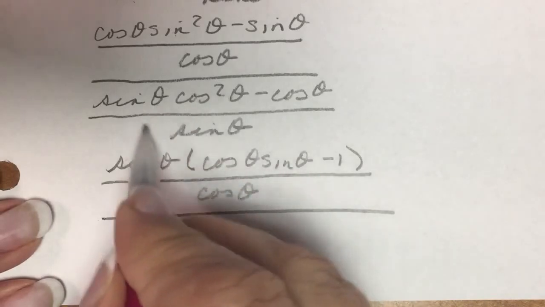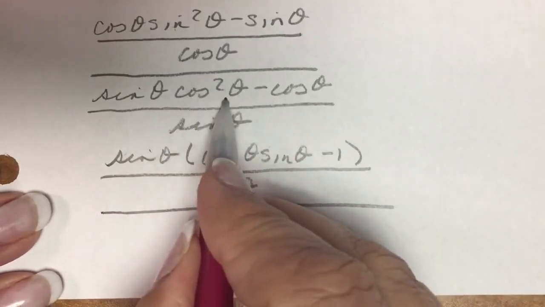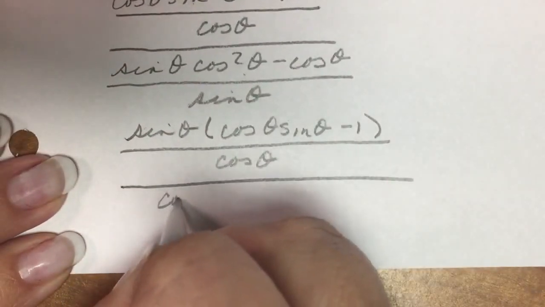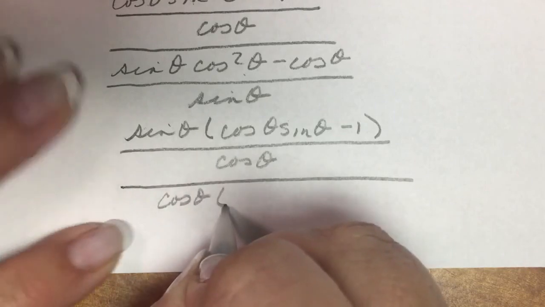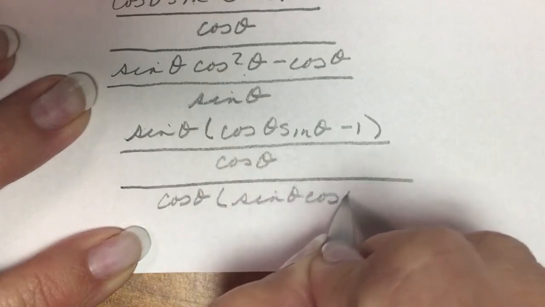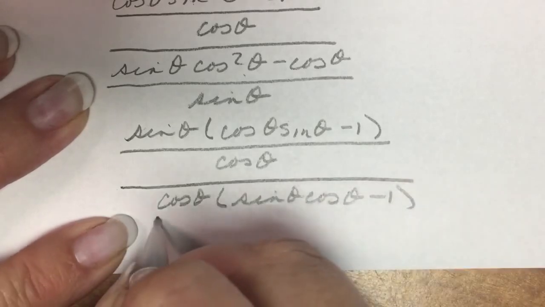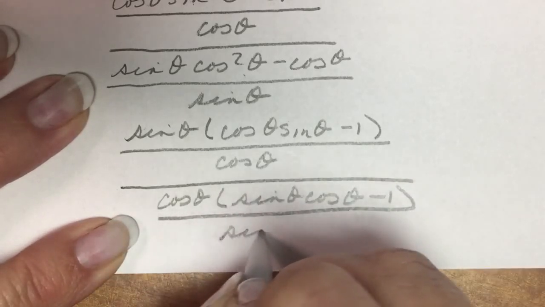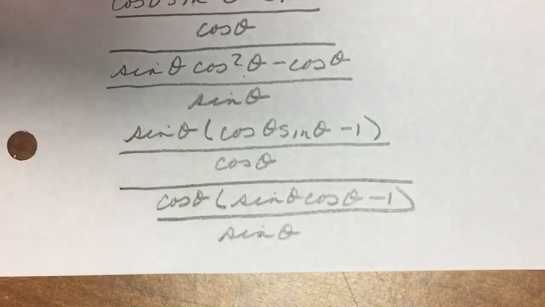And in the denominator, I'm going to factor out a cosine theta from the top. So cosine theta, and that's going to leave me with the quantity cosine theta minus 1 all over sine theta.